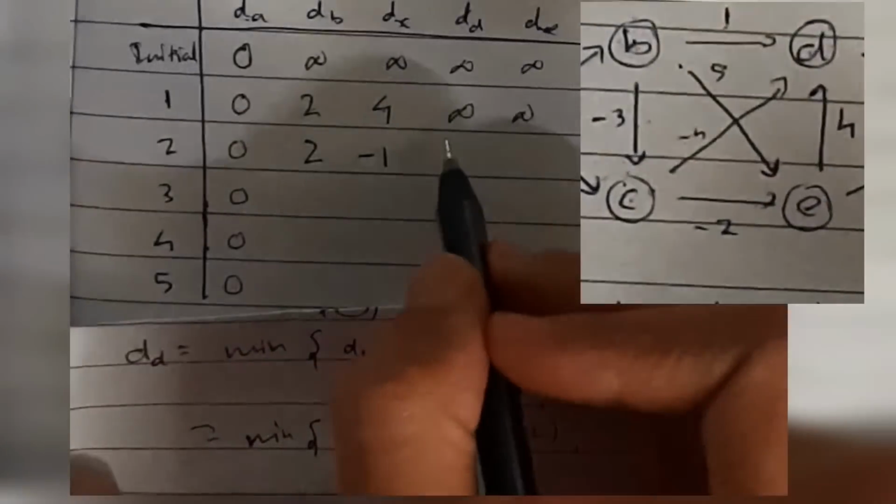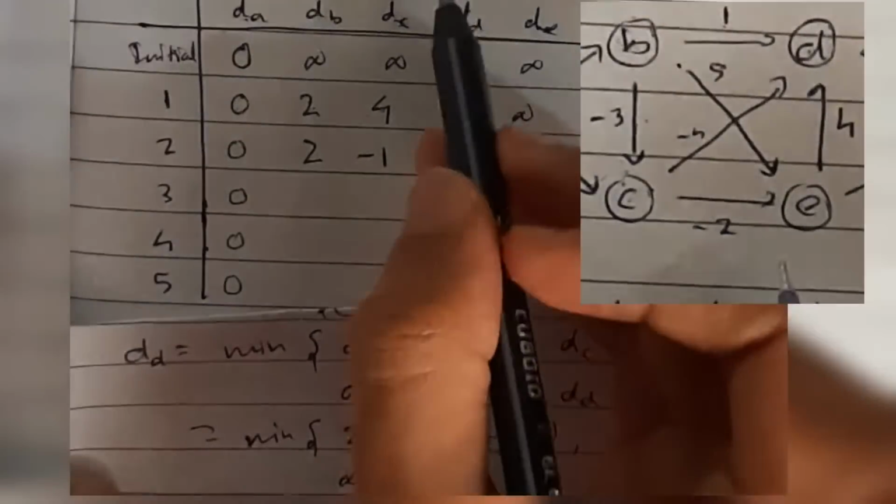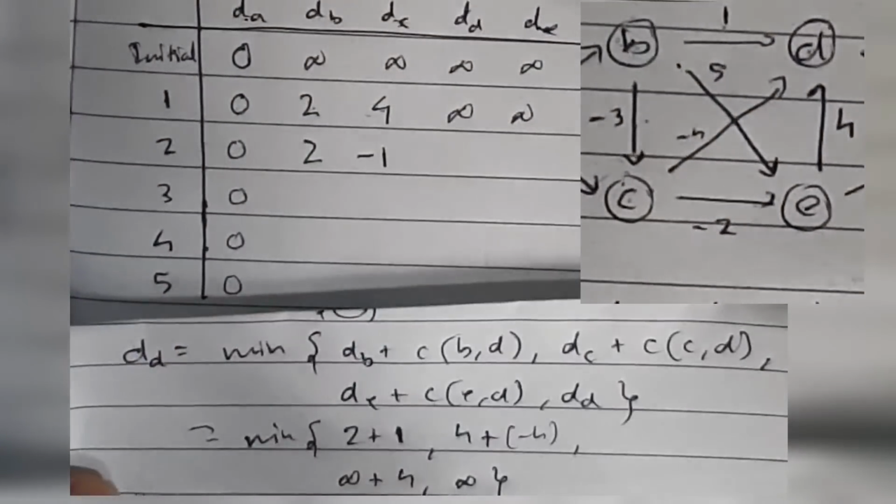Right here minus 4, and comma what is dE? dE, the previous value is infinite, so right here infinite plus cost of E to D, what is that? 4. Right here 4, and dD itself is the previous value, which is infinite. Okay, after writing these 4 values, we have to calculate which is the minimum among these 4. This is the minimum, which is 4 minus 4, and it's 0. Okay, so 0 I will be writing here.